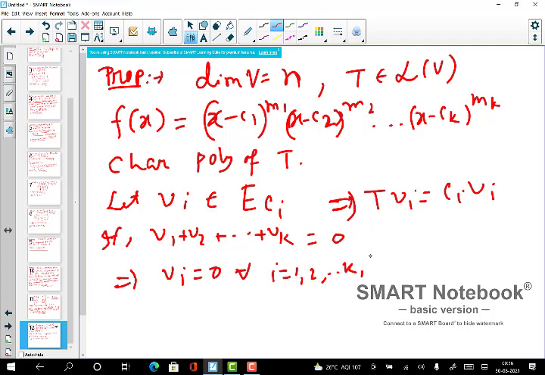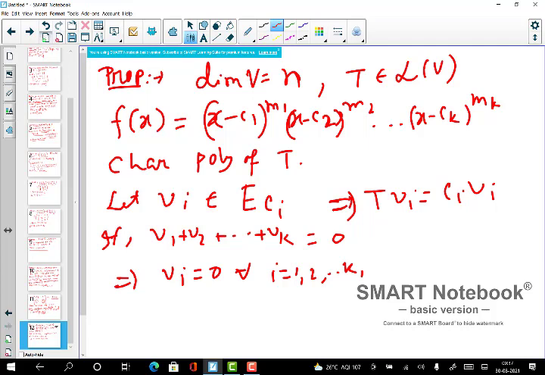So for all such i, this has to be 0. There is no other option. For example, it cannot be the case that some of those are non-zero and some are 0. We'll show that if this is the case, then you must have a contradiction, and the contradiction comes from the fact that eigenvectors corresponding to distinct eigenvalues are linearly independent. We know these things.